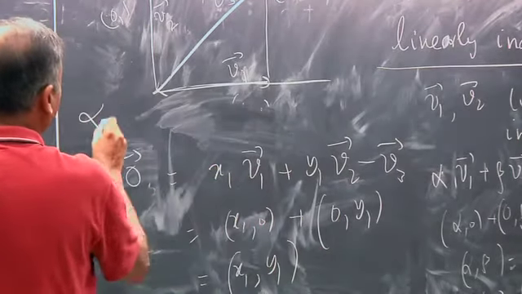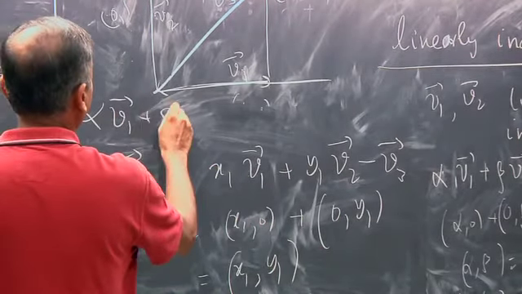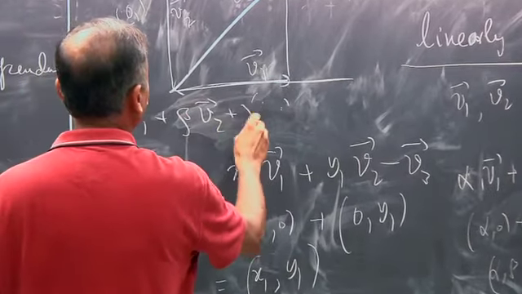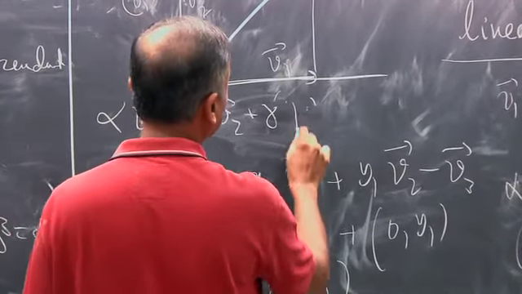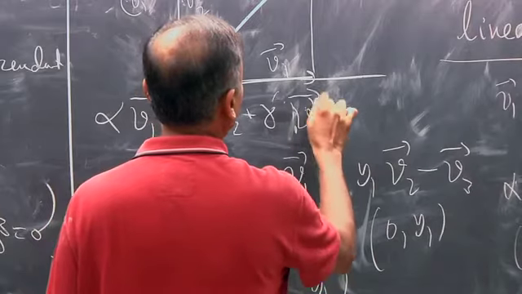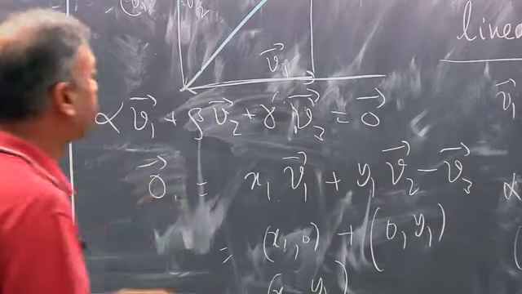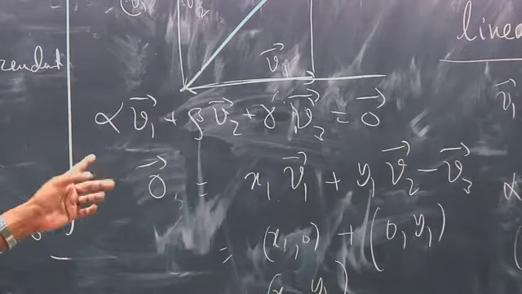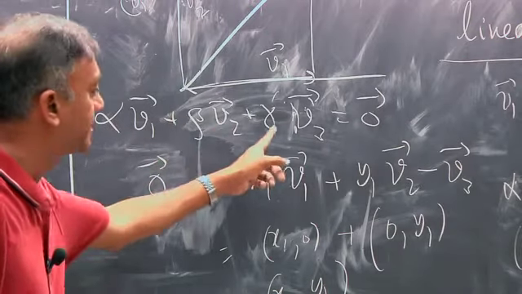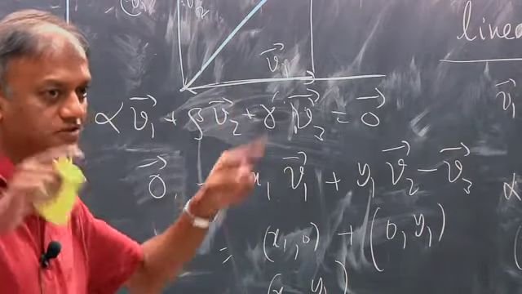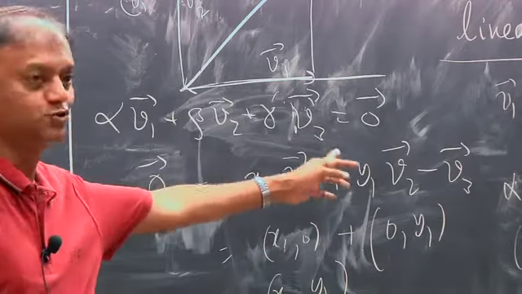Consider this equation: alpha V1 plus beta V2 plus gamma V3, where gamma is again another number, equal to the null vector. I want to see if there exist any alpha, beta, gamma which are non-trivial, meaning not all 0, such that this is true.